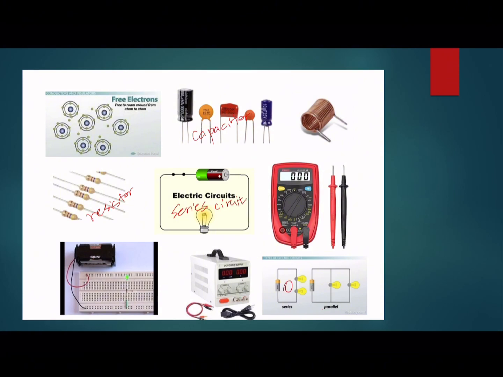This is also another series circuit. This is a parallel circuit. And these two are multimeters. These are what we use to measure resistance, current, or voltage. This is a breadboard. This is a battery.